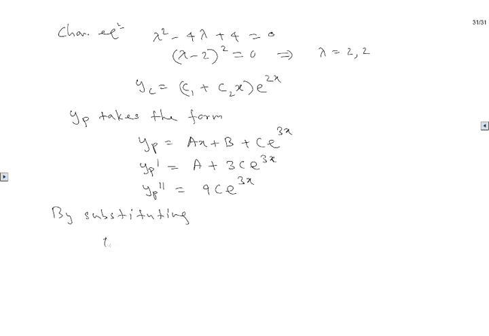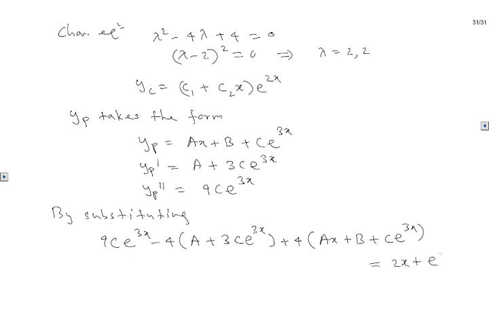You're gonna get 9c e to the 3x, minus 4 times the first derivative, which is a plus 3c e to the 3x, and then plus 4 times the original solution, ax plus b plus c e to the 3x, which equals 2x plus e to the 3x.